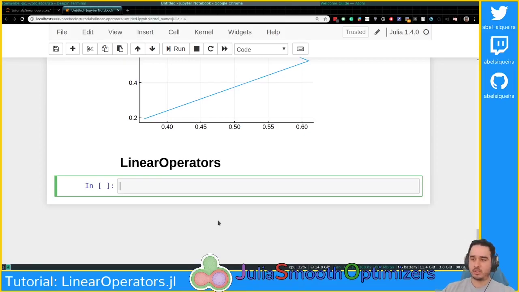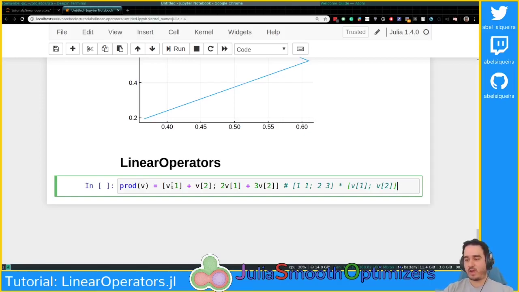So for instance, we can define the product of a matrix times a vector as v1 plus v2 and 2v1 plus 3v2. This should be the result of the matrix [1, 1; 2, 3] being multiplied by a vector v1, v2. So we have this information, which is the product of an implicit matrix [1, 1; 2, 3] by a vector v.